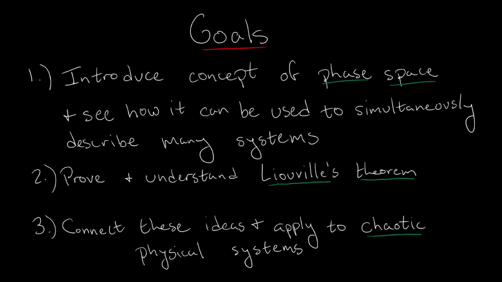The way that we will do that is by talking about something known as phase space. The nice thing about phase space is that you can use it to simultaneously describe lots of systems at the same time.